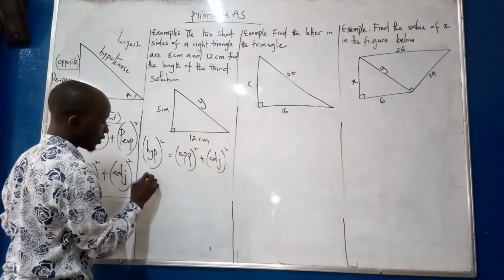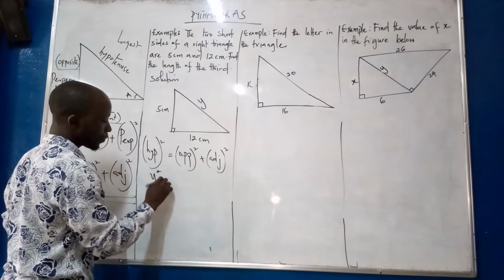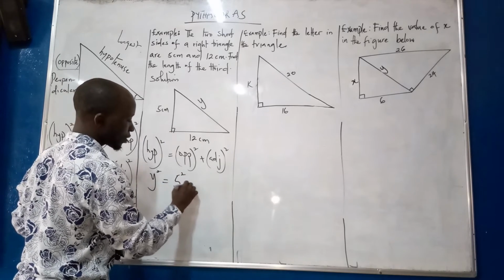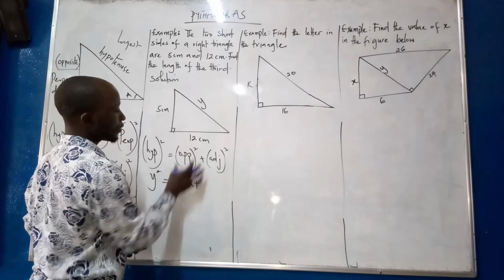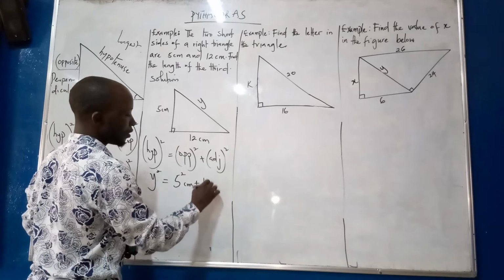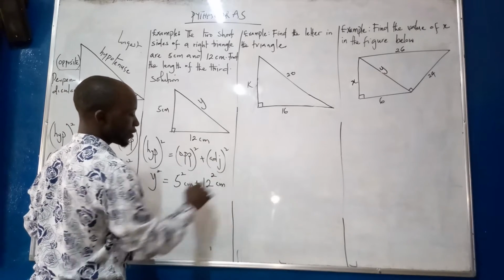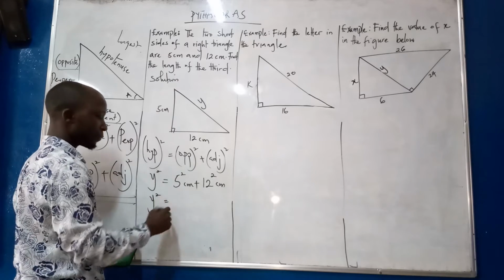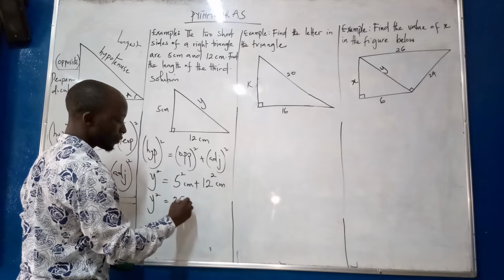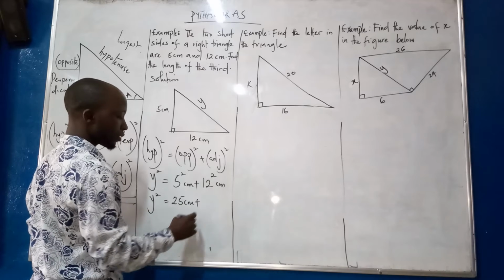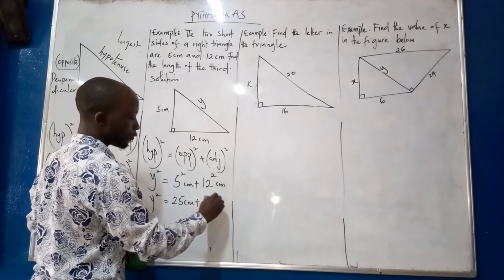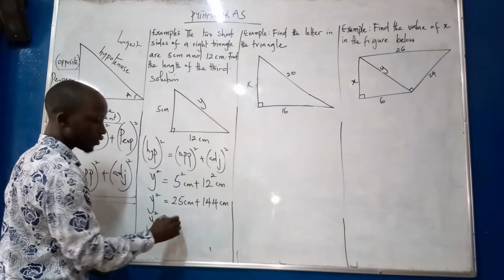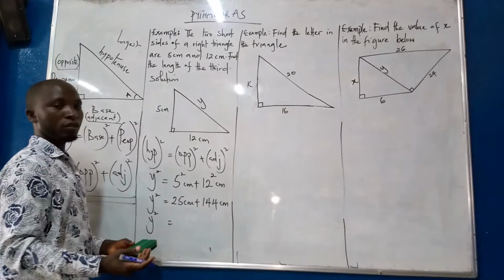So y square equals opposite 5 square plus adjacent 12 square. Therefore y square equals 5 square, which gives us 25, plus 12 square, 144. So y square equals 144 plus 25.